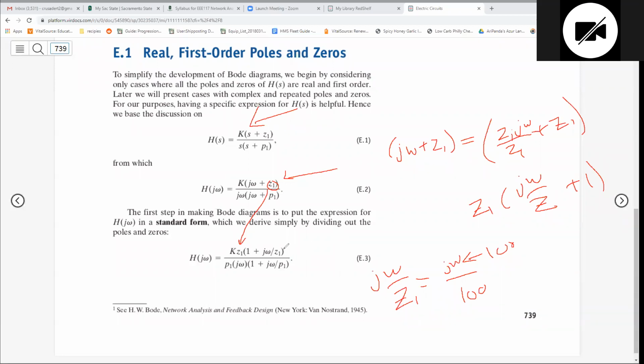But when you get down here, all you have to do is look at the division pairs, like this one and this one, and you immediately know where your Z1s and your P1s are, okay? Just remember, you have to take them all out. So this Z1 got replaced out here. This P1 right here got replaced out here as well, okay? And this is called your standard form, by the way, okay?